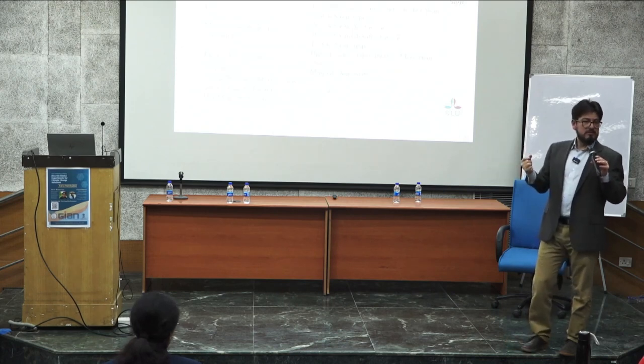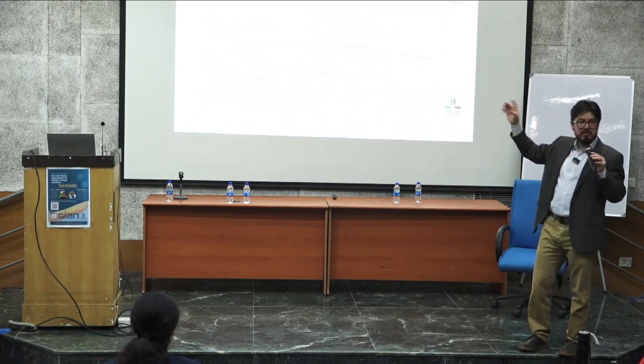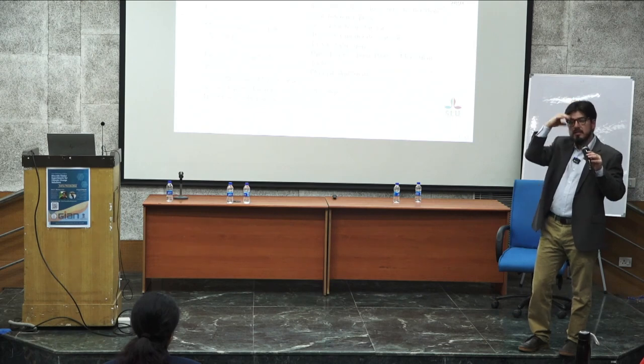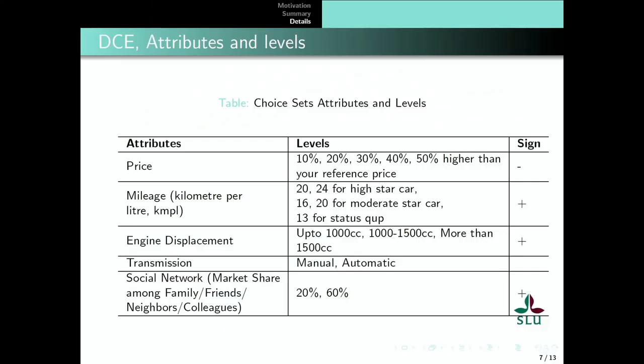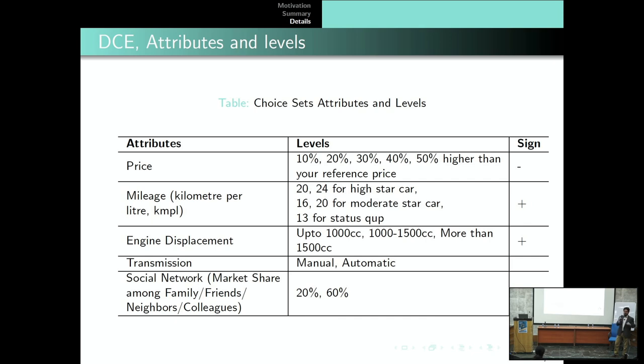Now, before I go to mileage, because that one requires me to explain something else. Of all those attributes, I will say that there is not too much to discuss in terms of those being attributes that matter for buying a car.